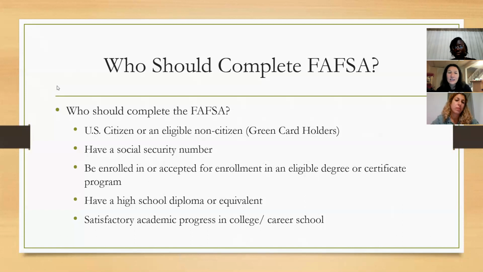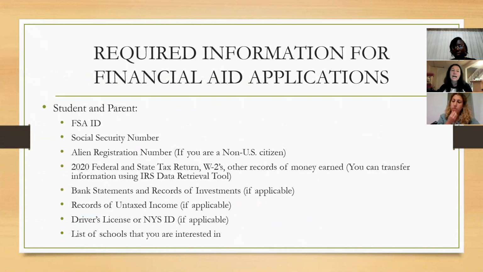Then the documents, let me show the next slide. This is what everyone's going to need to bring. Yes, all the documents that you will need to complete the FAFSA. You're going to have to create an FSA ID, that's your signature.